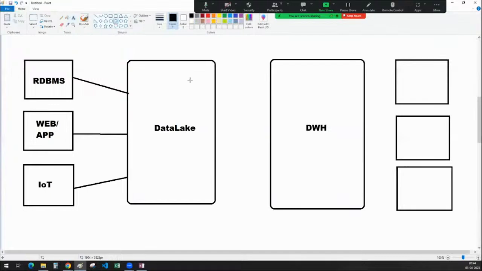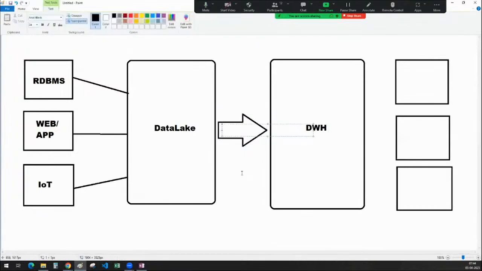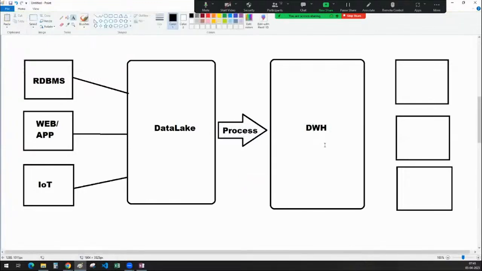Okay, what you are doing here is trying to process the data: process, transform, clean the data, whatever you want to name it, all of those things, guys. You process the data and send it to the data warehouse. Finally, as per the business requirements, there will be ML models, there will be dashboard requirements, there will be ad hoc requirements.